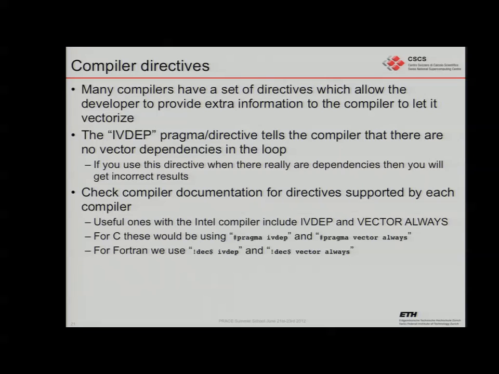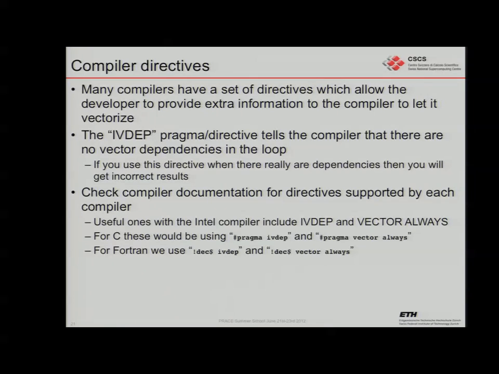It may not actually be the most up-to-date one, but it gives a good set of these things. The IVDEP compiler directive is one that's been available in a whole host of compilers for many, many years now, and it's saying to the compiler, if you see vector dependencies, ignore them. I'm telling you there won't be any. I'm making a commitment. And if I'm wrong, then that's my fault and I'll get the wrong answer. Okay?